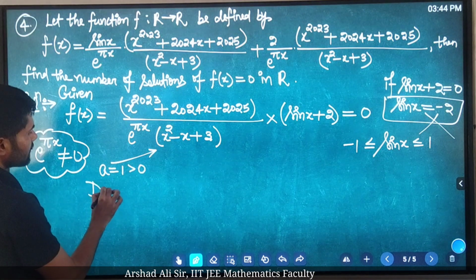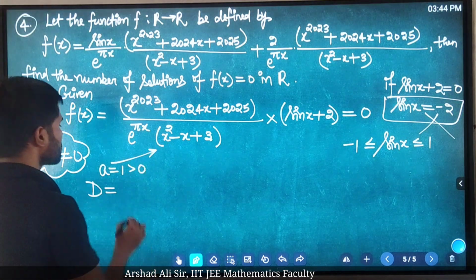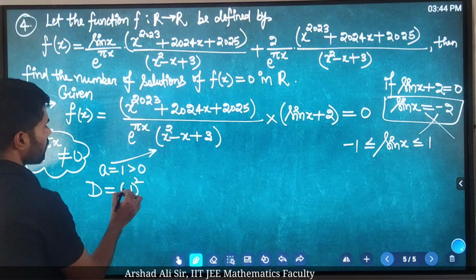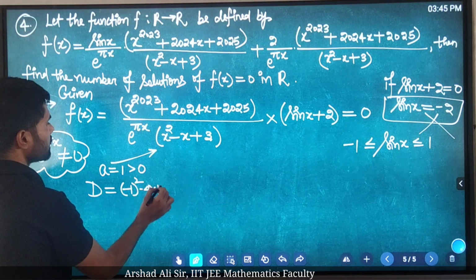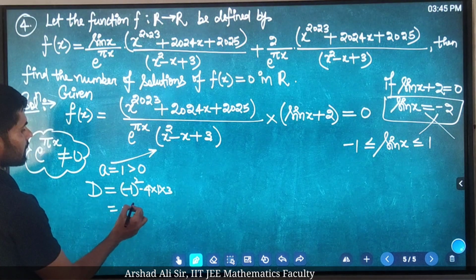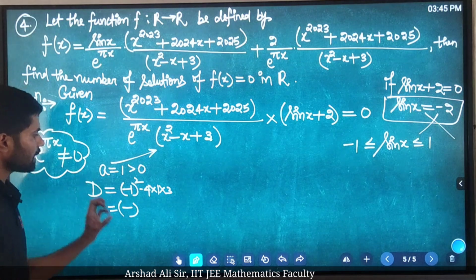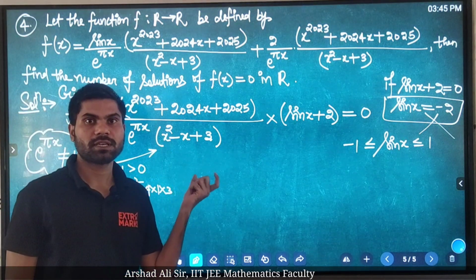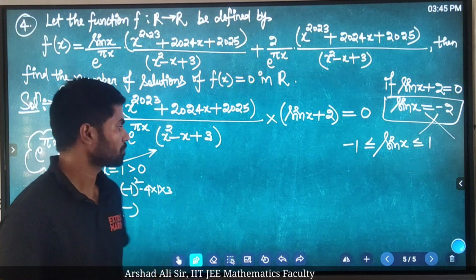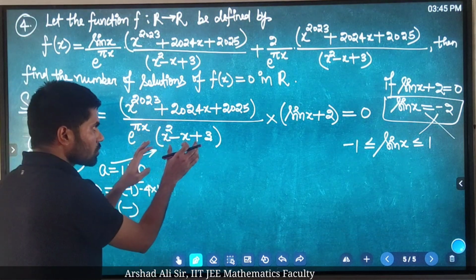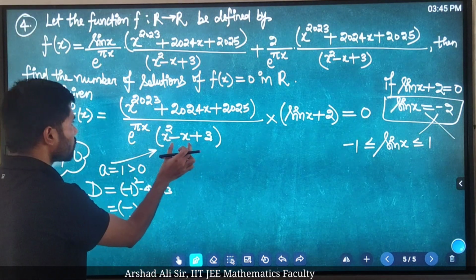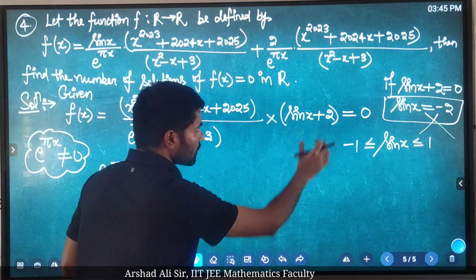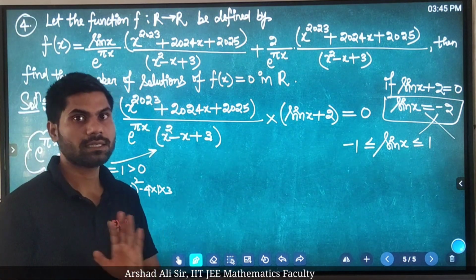One more thing, discriminant, so discriminant is minus 1 square minus 4ac, so 1 times 3, so discriminant is negative, right? If discriminant is negative, then we can say the value of this quadratic expression is always greater than 0, so this one is also non-zero quantity, and we can ignore these three terms.